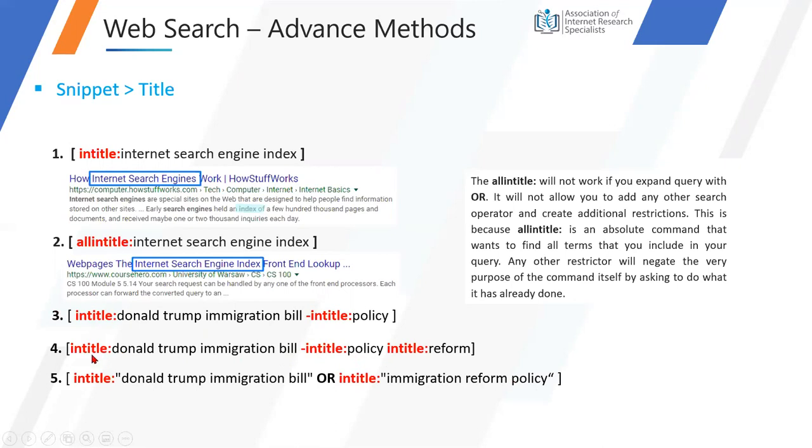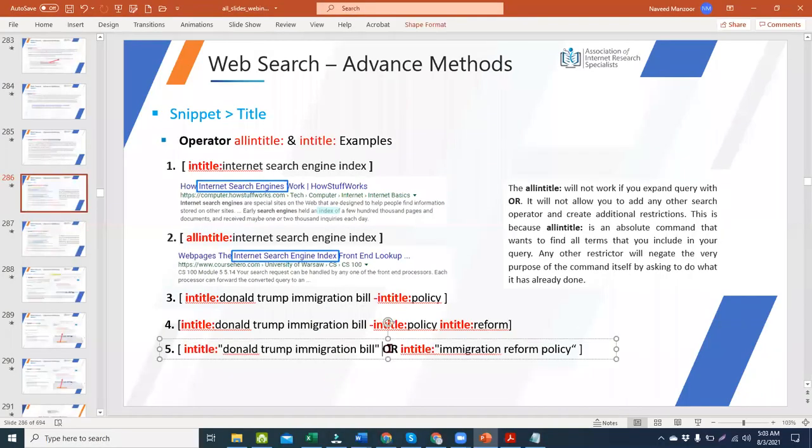And then in example 4, you see that we have added 2 instances of in title. There is one more way in which you can use in title, and that is to use 2 instances where the OR can also be applied. Let's suppose I've used the OR right here.